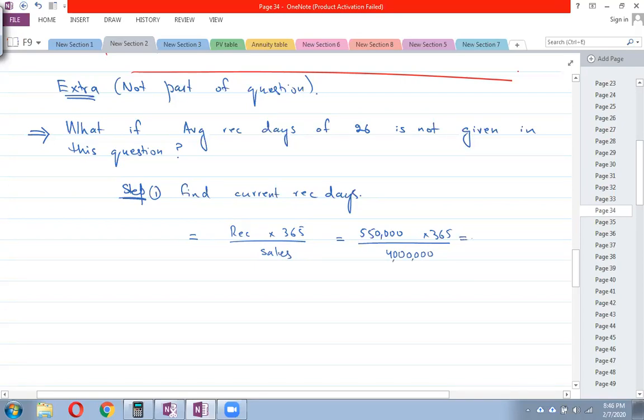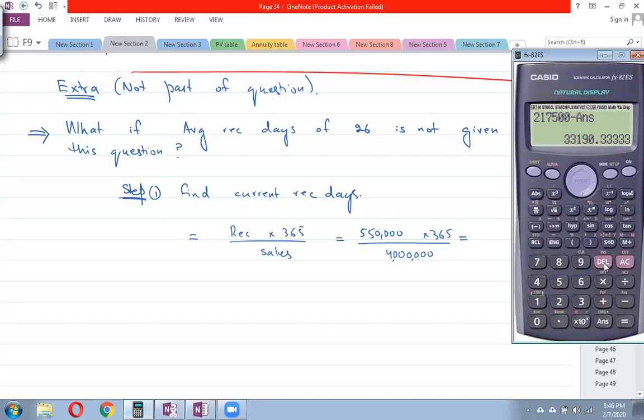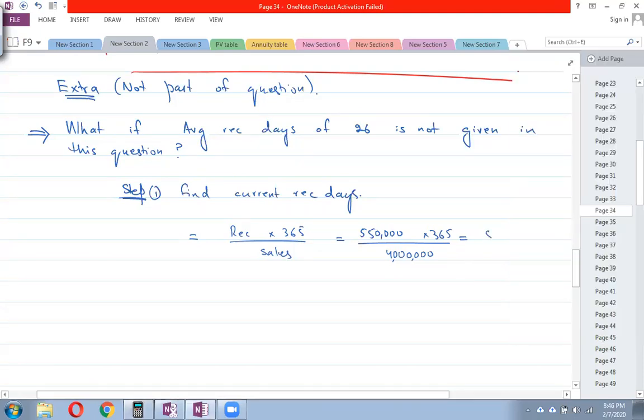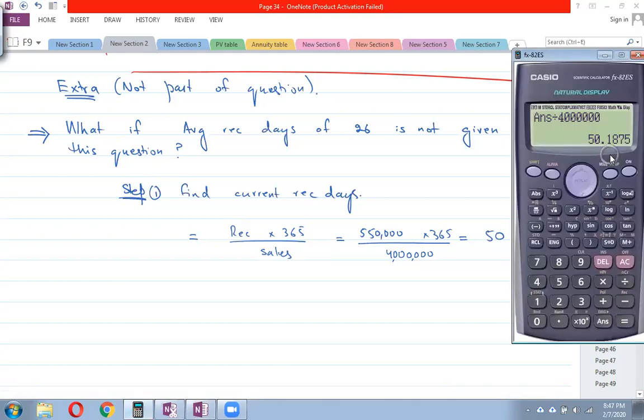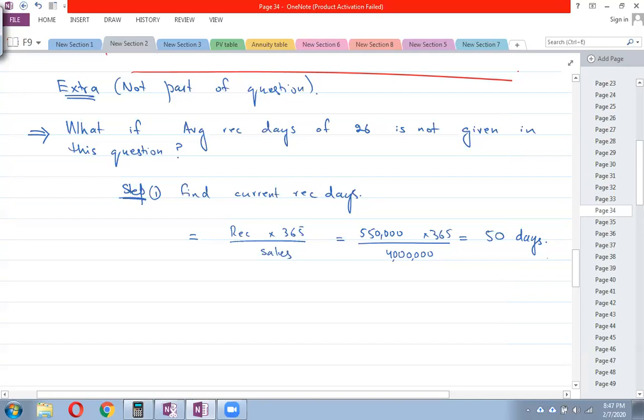So how much are our current receivable days? 50 days. It's not 40 days. The customers currently are paying us in 50 days, though we have offered them 40 days. Now I know that it's not exactly 50, but it will look very odd if you write 50.1875 days. So it is 50 days.